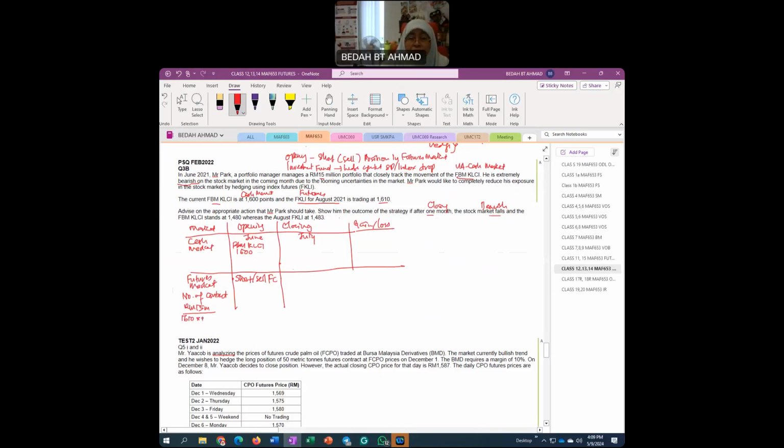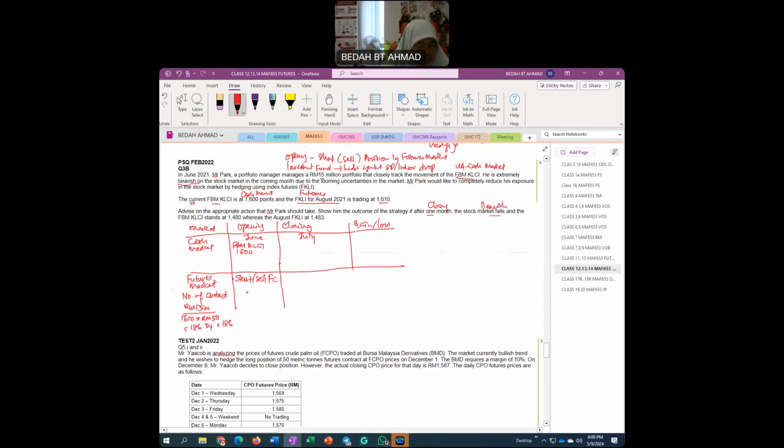So 1610 multiplied by the contract size 50 gives you 186.34. So it's a decimal. So we decide to round down, so it is under hedge. So round down to 186. Current means opening, 1600 for the cash, and trading at 1610. This is the opening for futures, so the opening index point for futures is what we use to calculate the number of contracts.